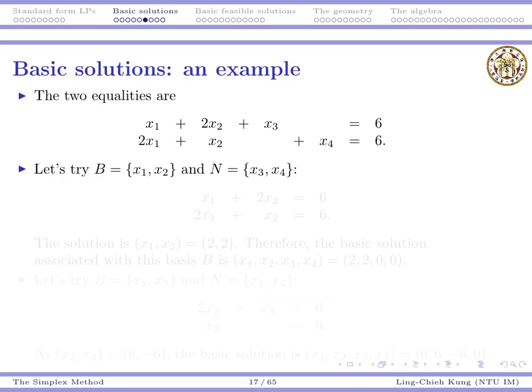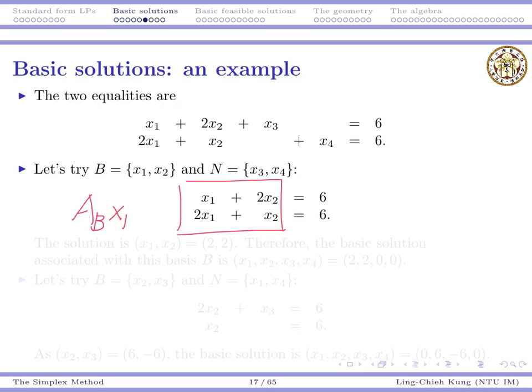So let's continue. I have these two equalities, okay? And if I try x1, x2 as my basis, the other 2 variables are non-basic variables, then how may I get the solution? What I should do is to solve this 2 by 2 system, okay? Because I collect these 2 columns as my basic columns. So this is my A_B x_B, okay?